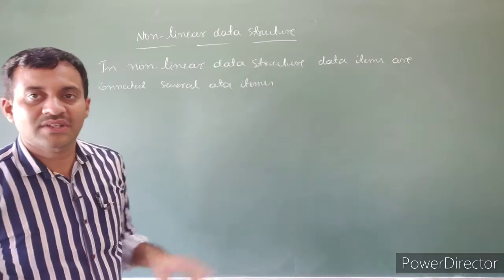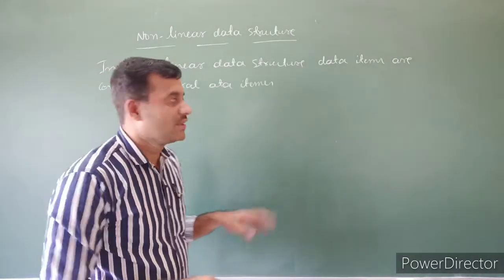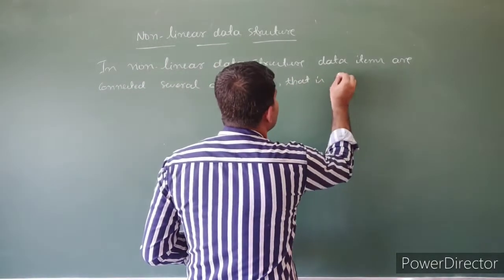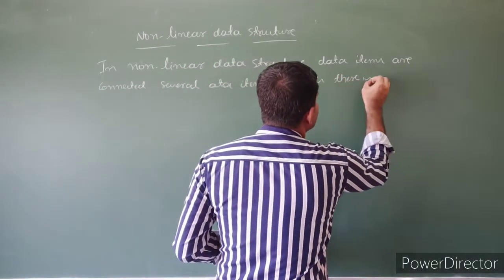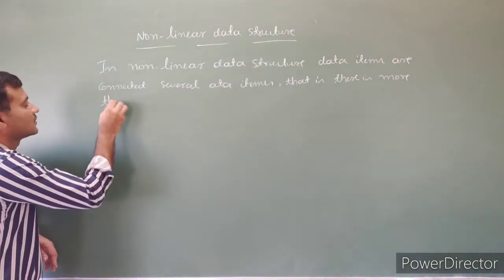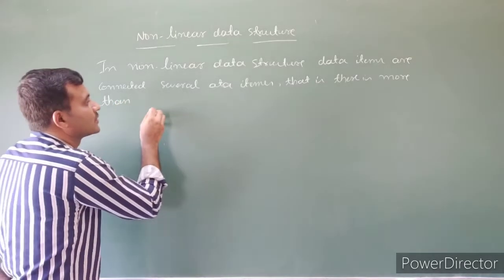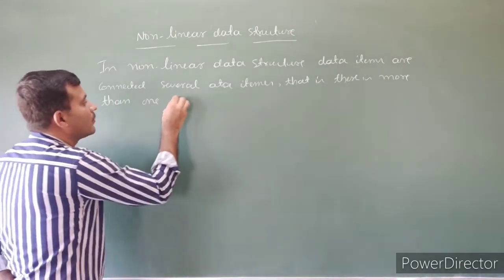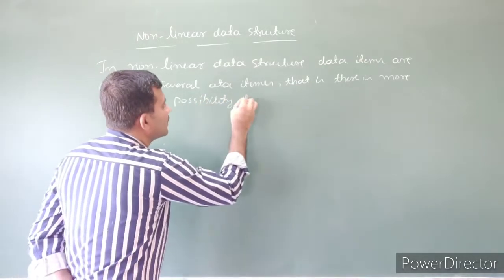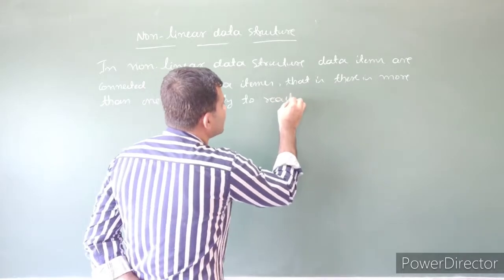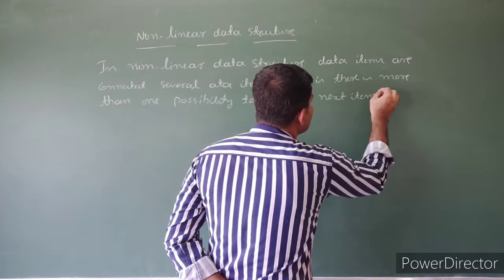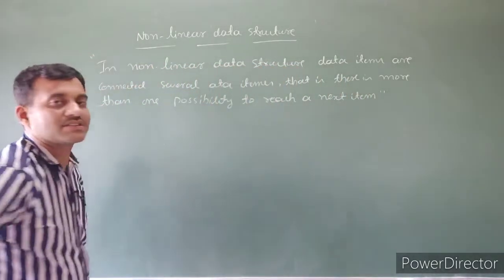One data item is connected to several data items. That is, there is more than one possibility to reach a next item. That is the definition of non-linear data structure.